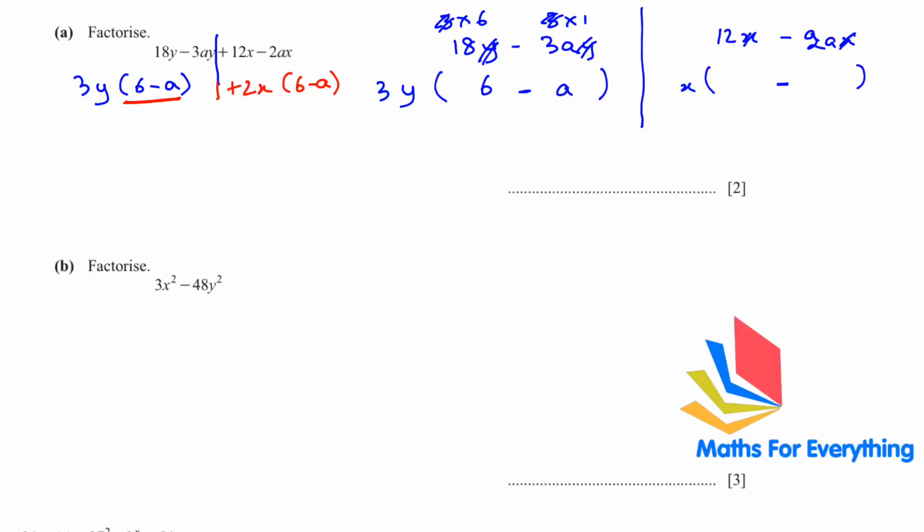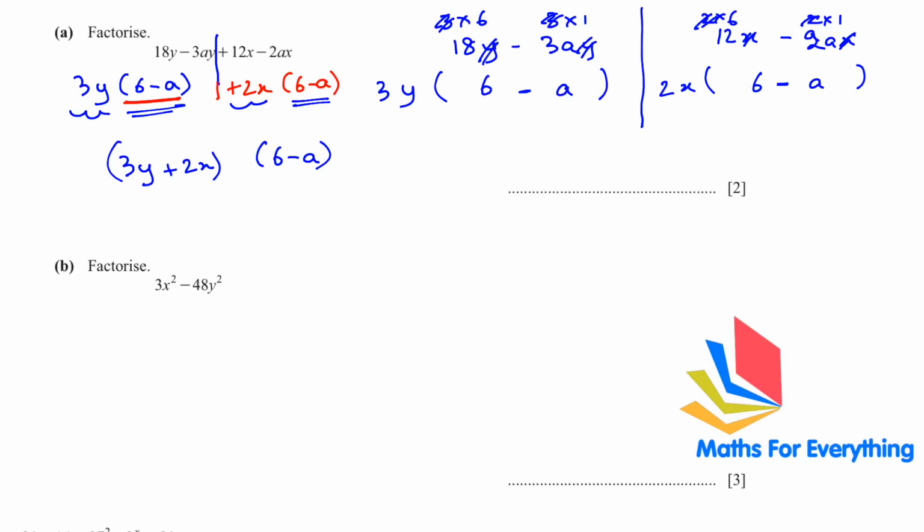We factorize the x. The a is here. 2 times 6 is 12 and 2 times 1, 2. The 2 is factorized out and the 6 is left here. Also remember to put the sign, it is plus 2x. After you have done with that, the terms that are outside, join them together. 3y plus 2x, and the factors which are the same, we write as one factor.